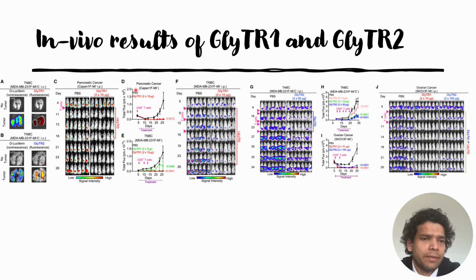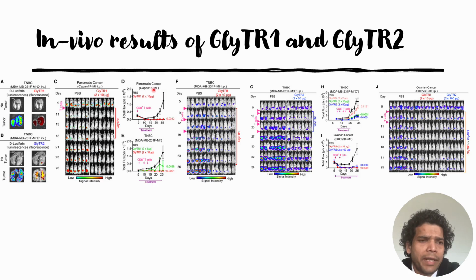As we can see, compared to the control, the CAPAN-1 MHC-1 deficient cells show tumor suppression with time, and similarly for the TNBC they are able to see tumor suppression with time.